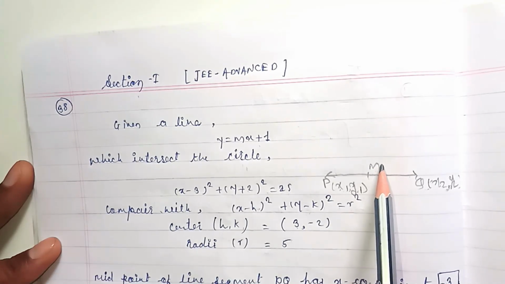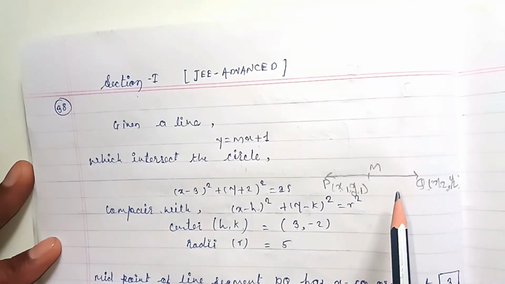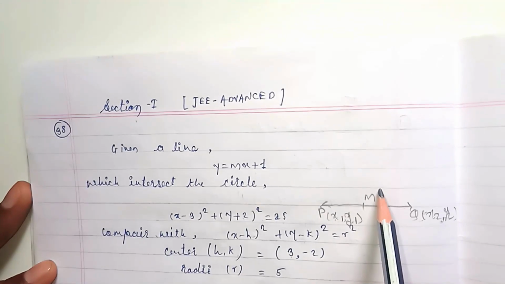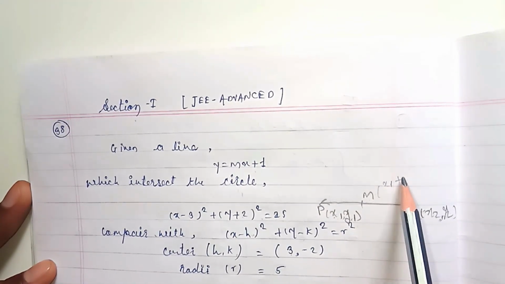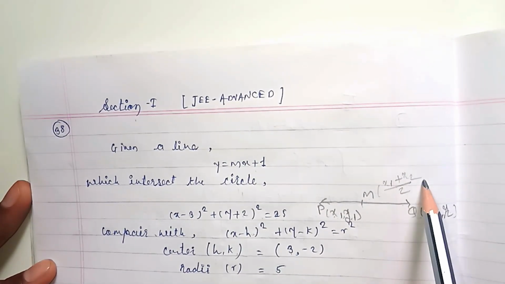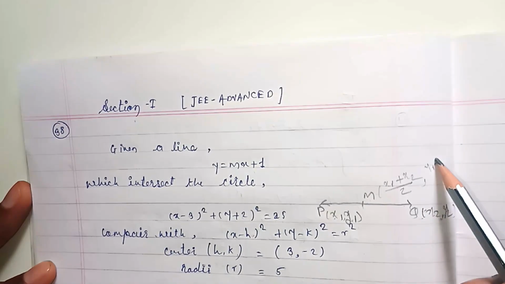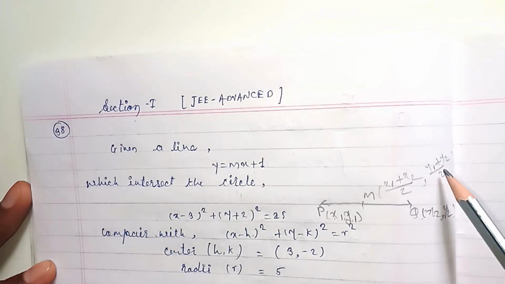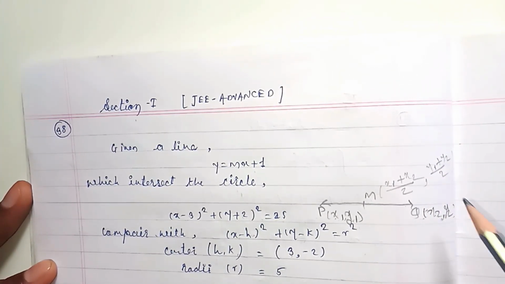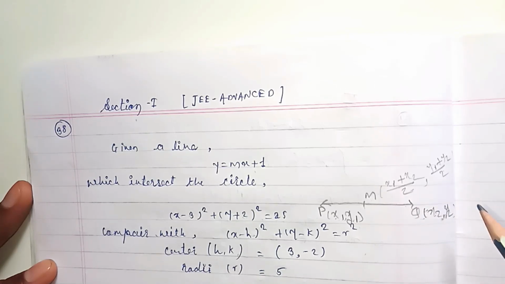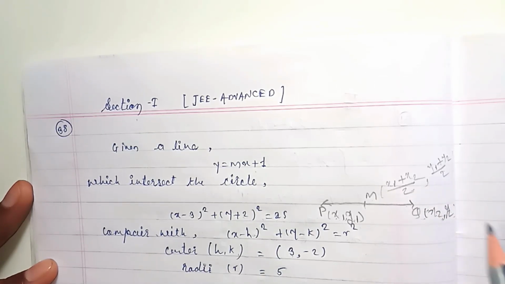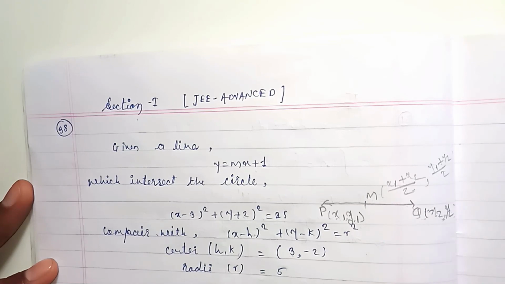So the midpoint's x coordinate is x1 plus x2 divided by 2, and y1 plus y2 divided by 2 is the y coordinate. I hope you all understood the x coordinate and y coordinate.